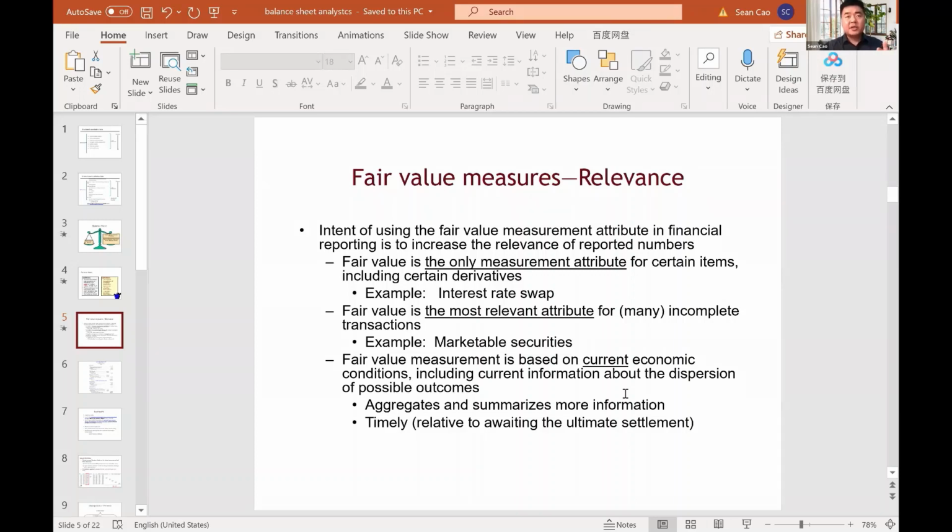You get similar assets, the price of similar assets, and use that as the value on the balance sheet. If you don't have similar assets, what do you do? You estimate the future cash flow generated from the assets, and you discount all the future cash flow into the present. You get the present value of all the future cash flow the asset generates, and then use that as the value of the assets.